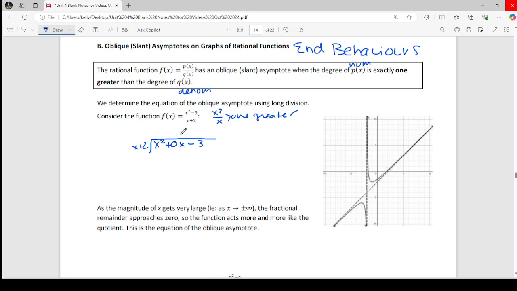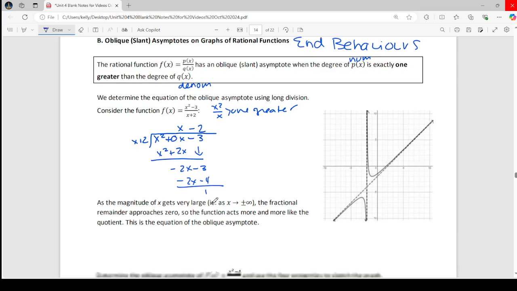So x squared divided by x is x. X times x is x squared, and x times 2 is 2x. Then I subtract, I get minus 2x. I bring down the minus 3. Minus 2x divided by x is minus 2. Then I multiply, I get minus 2x minus 4. And so I have a remainder of 1.